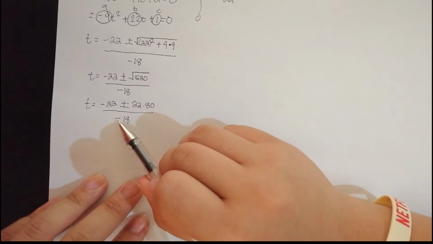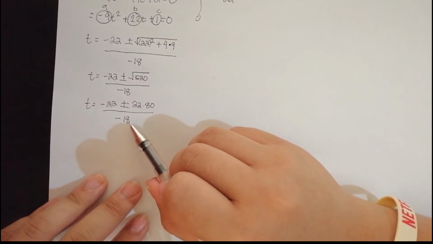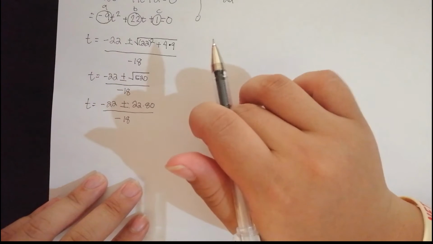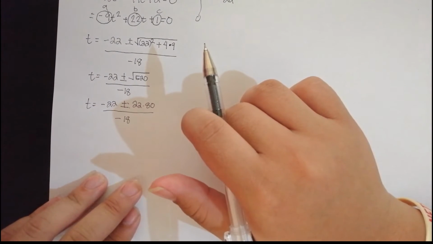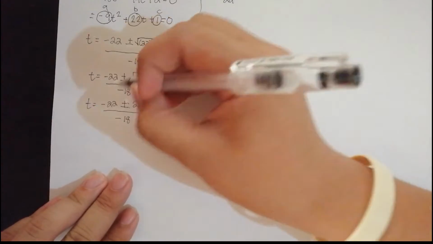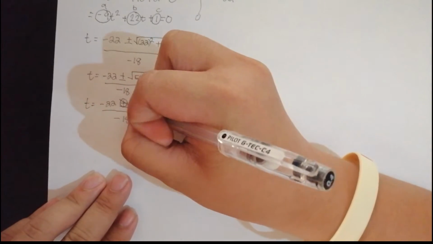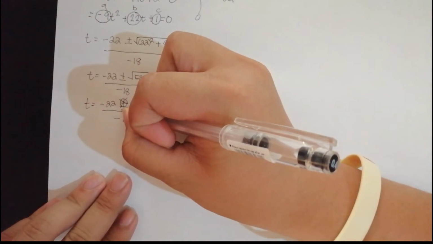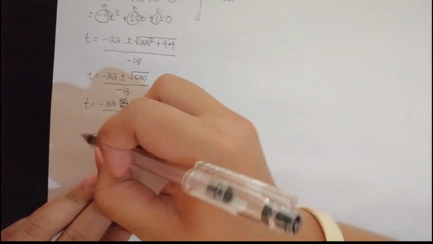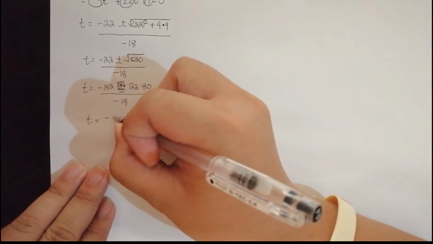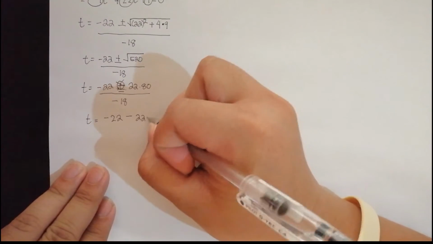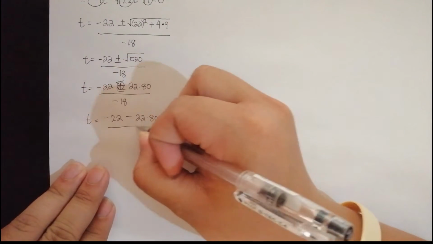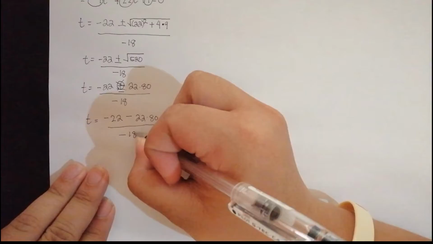But since we will divide it by a negative denominator, the answer will be negative, which will be impossible since there is no negative time. So therefore, we will not use the plus sign. Instead, we will use the minus sign. So the solution will be negative 22 minus 22.80 all over negative 18.